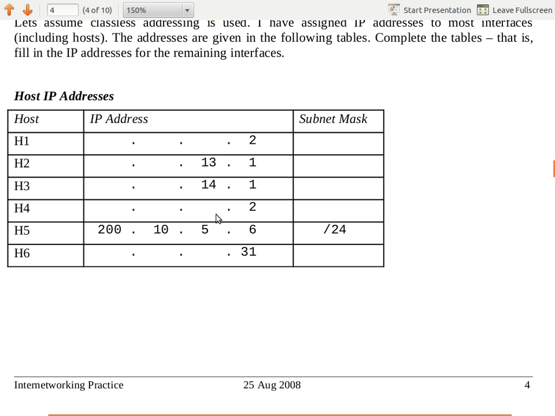But the shortcut is recognizing we don't have to do the conversion to binary, because we can see with a subnet mask of /24, what that means is that the first 24 bits, in dotted decimal notation, is the first 3 decimal numbers. Because this number is 8 bits, 16 bits, at the third dot it corresponds to the 24th bit.